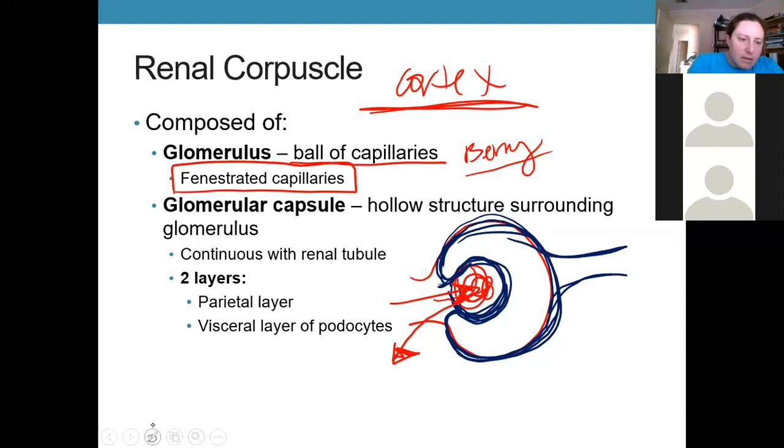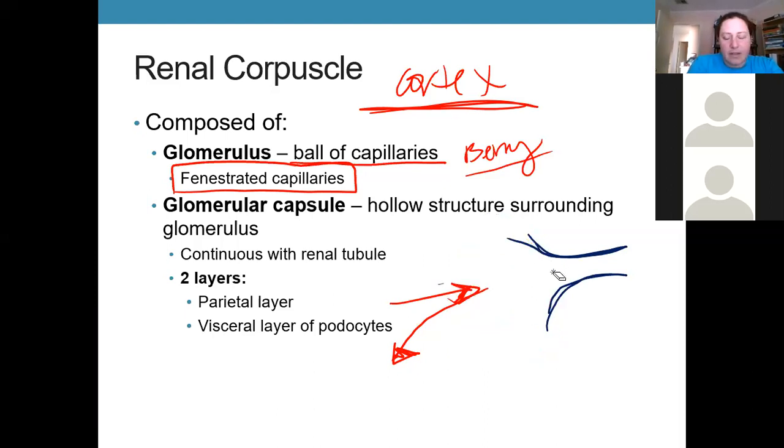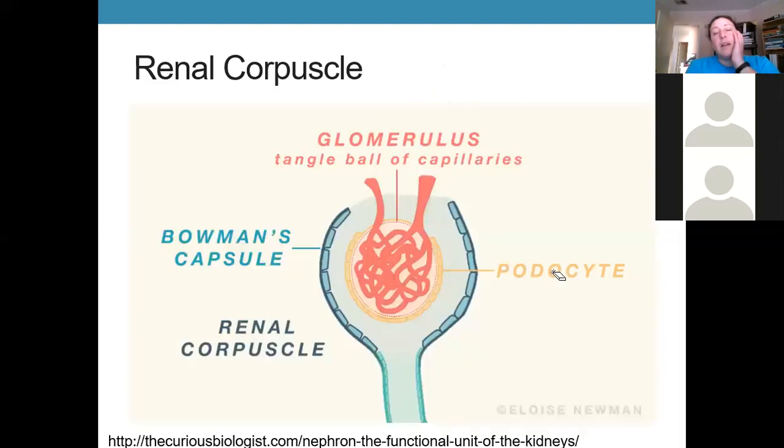That's fine, I have diagrams. Anyway, here it is again. We've got a ball of capillary, the glomerulus.